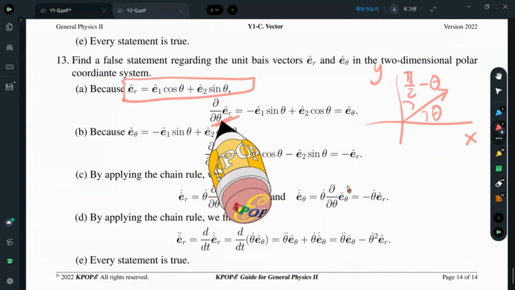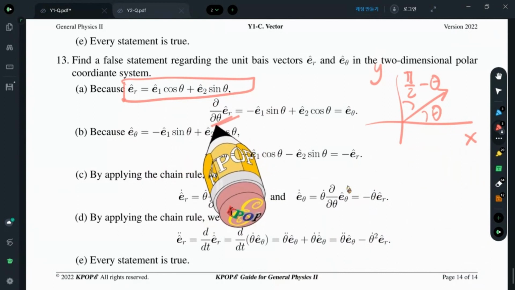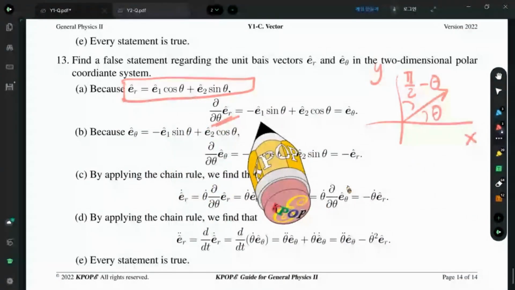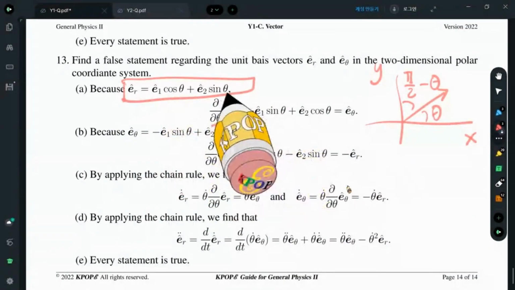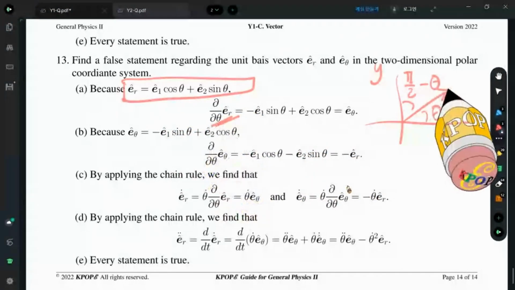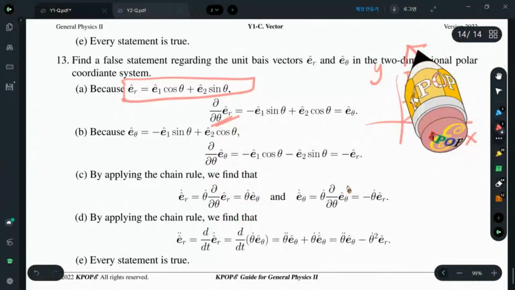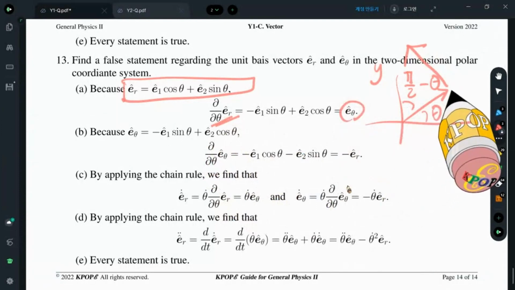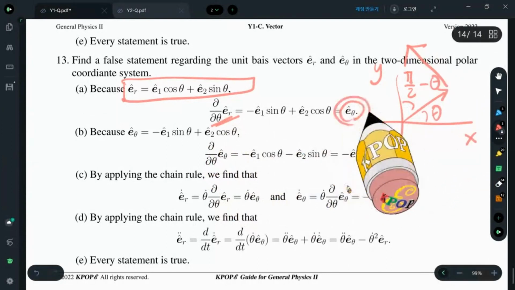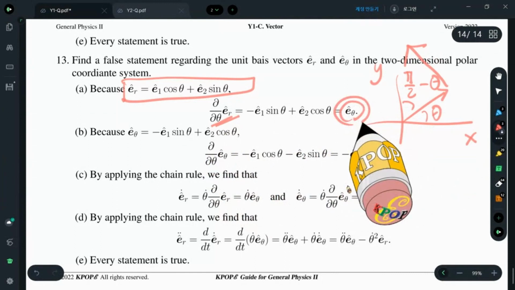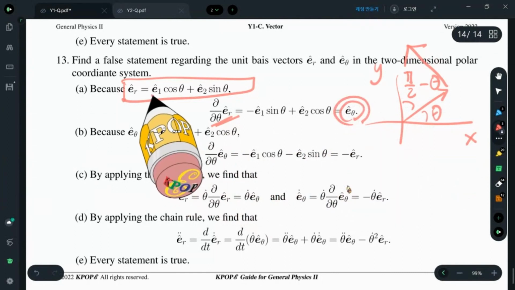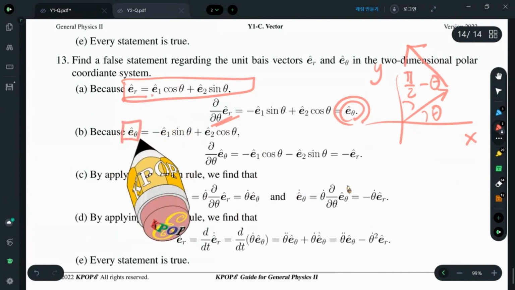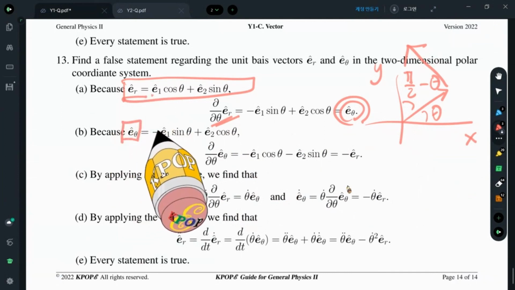That is called the partial derivative. The partial derivative with respect to this angle gives cosine becomes minus sine and sine becomes cosine. That gives the unit vector perpendicular to the radial vector. That is called the unit tangent vector. You will find that the unit radial vector and unit tangent vector are perpendicular to each other.